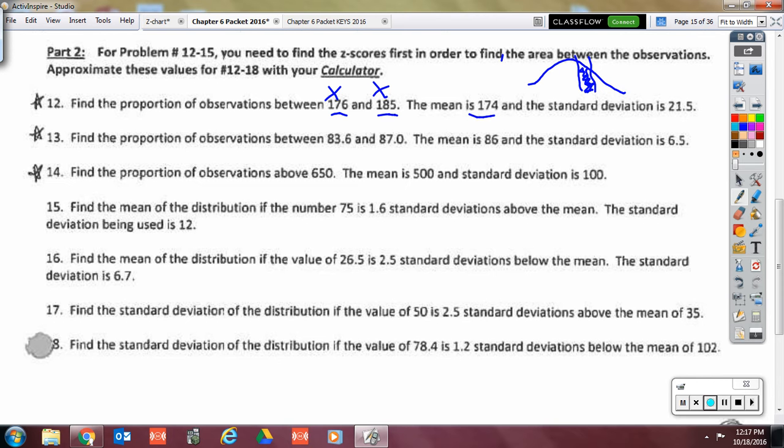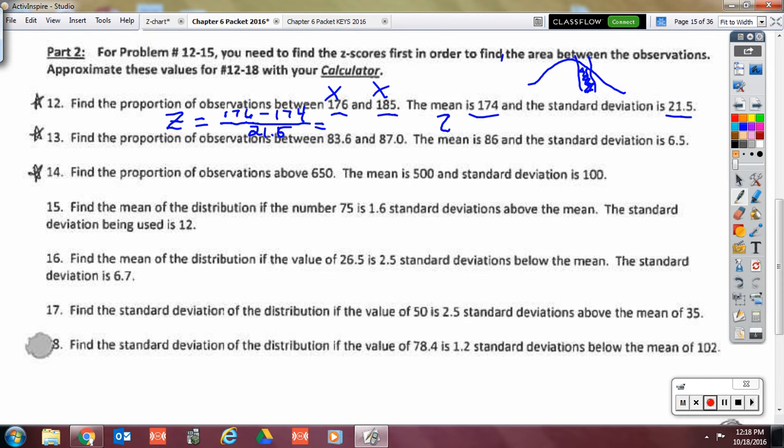If I know the mean and I know the standard deviation, I can do what with each one of those? Find their Z score. So that's what we want to do. I'm going to take the first one and go Z equals X minus the mean over the standard deviation. Okay, so I get that one.